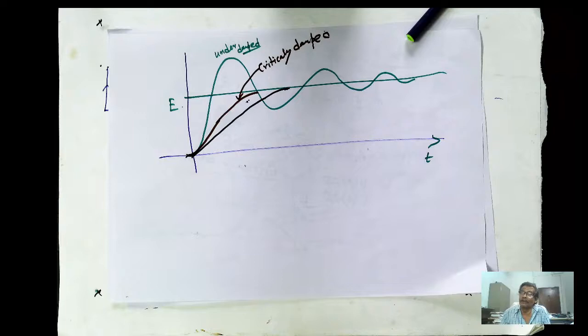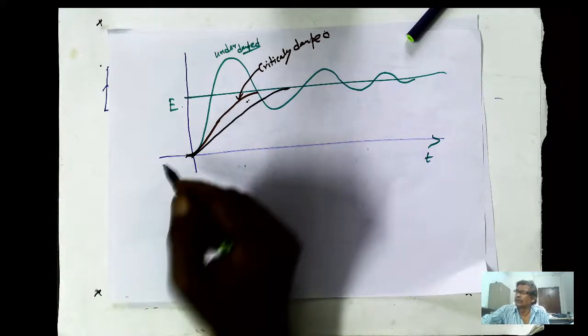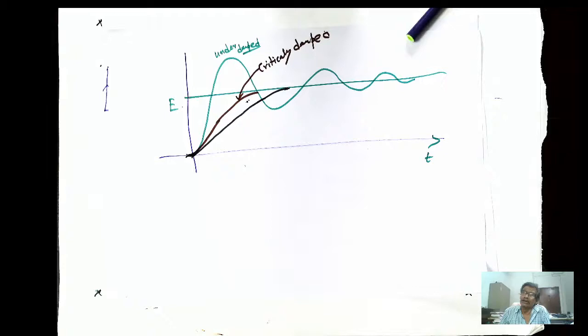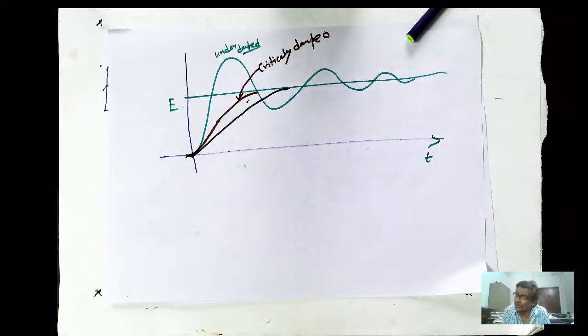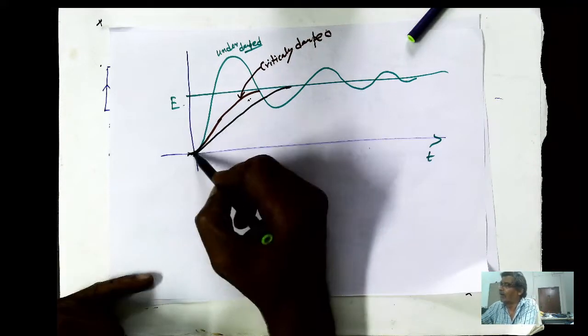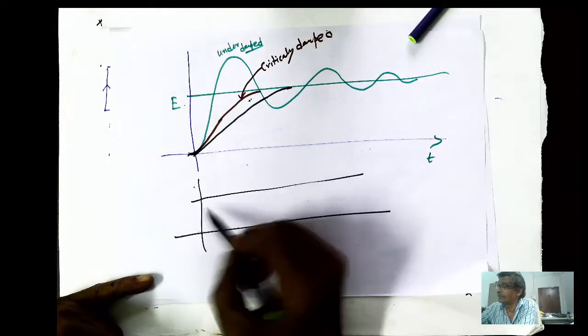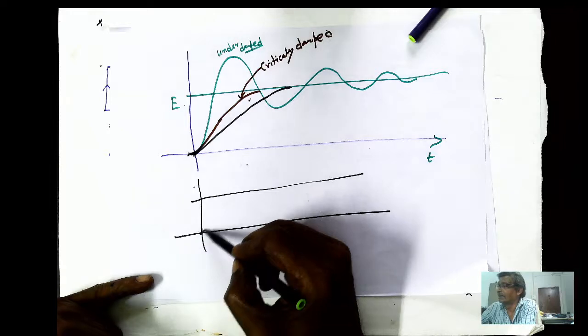Got the point? If it is critically damped, it will also go exponentially, perhaps taking less time. Generally, while designing such systems, you make it slightly underdamped, so that it may have one or two oscillations before its final position. It may be like this.